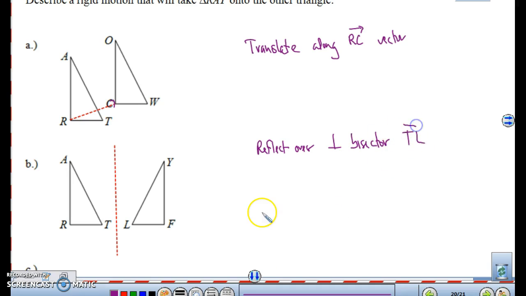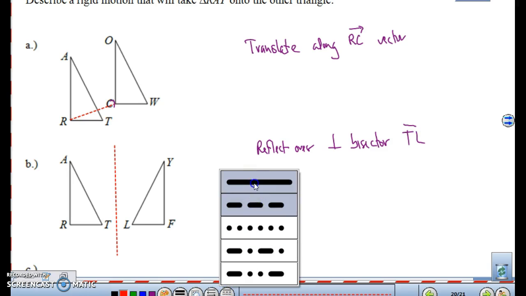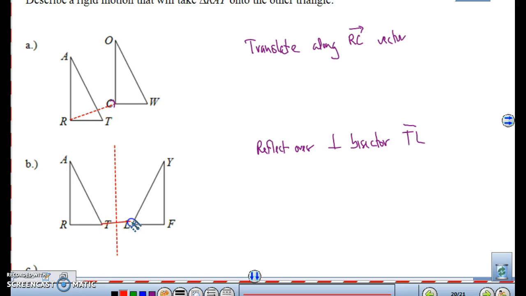When we say TL, we are saying the segment that connects T to L. So if I connect from T to L right here, isn't that halfway across? Yeah. So there we go. That's perpendicular, and it bisects the segment here. Now, if you connect each of these points, A to Y and R to F, each of those will have that as a perpendicular bisector.